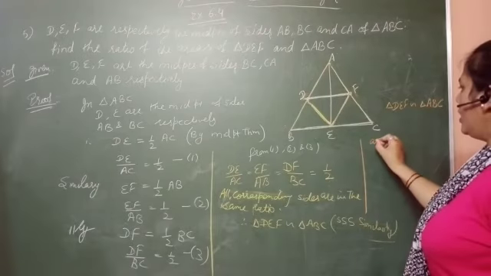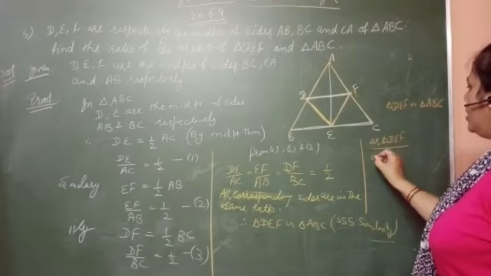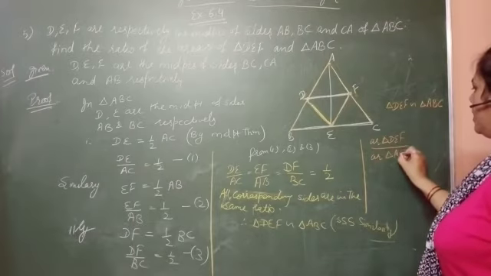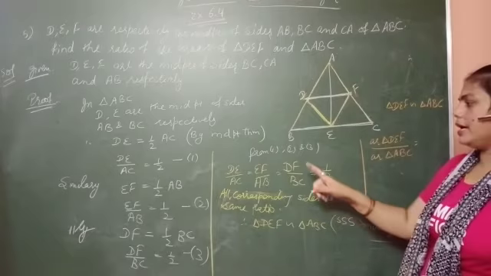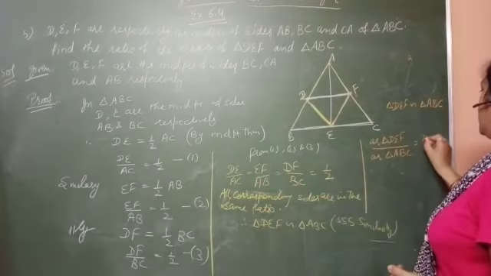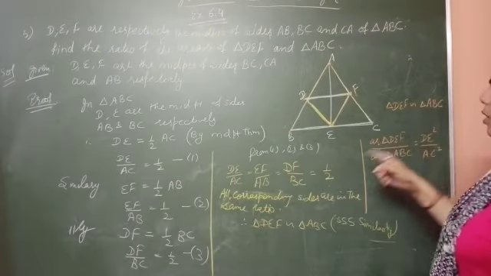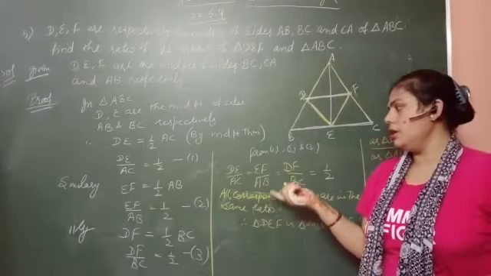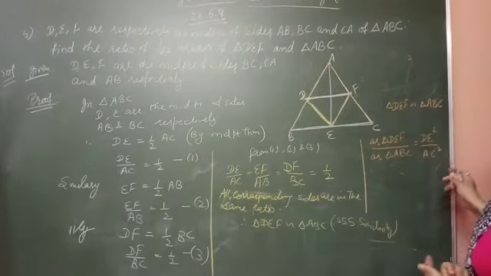So therefore, area of triangle DEF over area of triangle ABC is equal to the ratio of squares of their corresponding sides. You can take any pair, DE square over AC square, because all sides are in the same proportion. Clear? Because the triangles are similar, you can take any one pair.